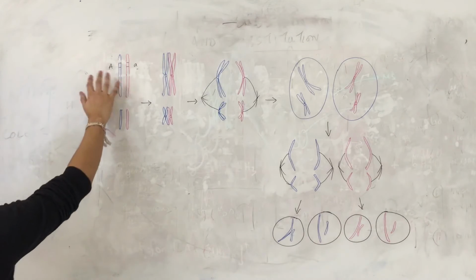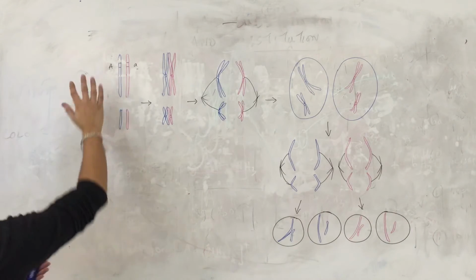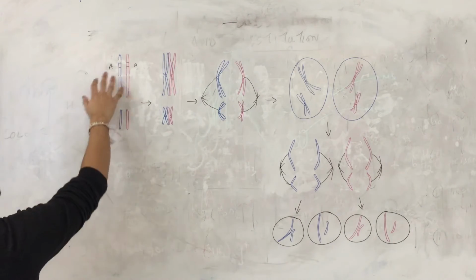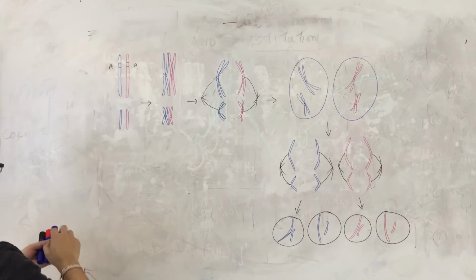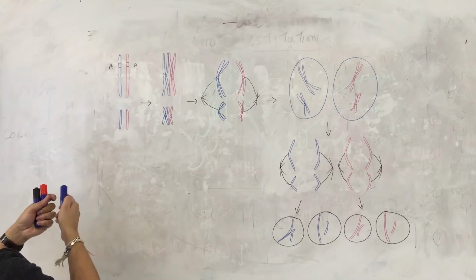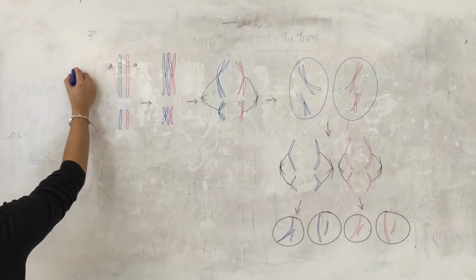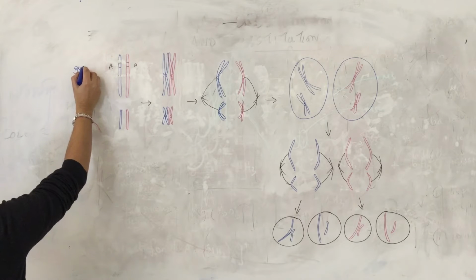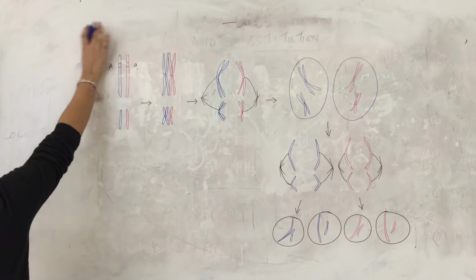Let's look at a particular locus and the alleles that are there. We could have, for example, eye colors. So we can say that the locus for eye color is here.